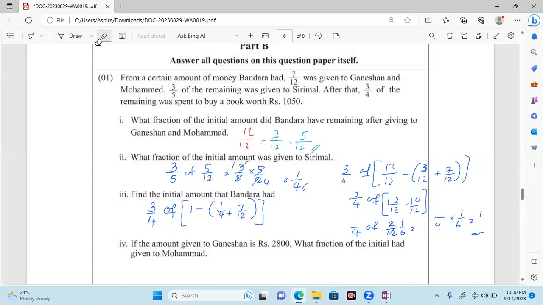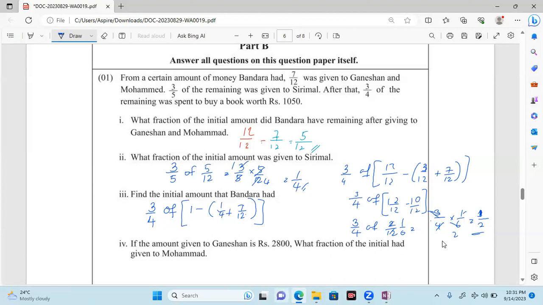3/4. Then 3/4, 1/6. Then 3 cancelled. It is 1/2.